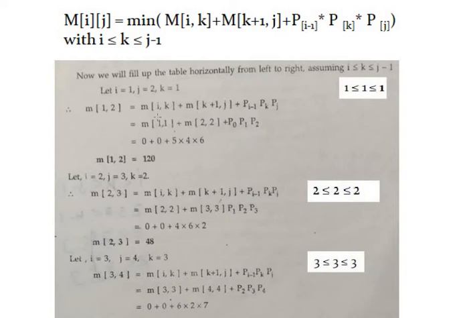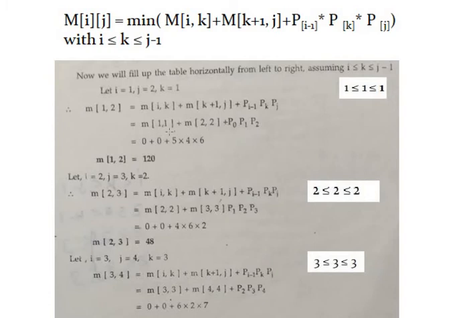Now m of i equal to 1, k equal to 1, plus m of k plus 1, k equal to 1, you have assumed that 2 and j is always 2, plus p of i minus 1. What is the value of i? 1, 1 minus 1 is 0, p of 0, p of k, p of 1, p of j, p of 2. So now you have put this value here.